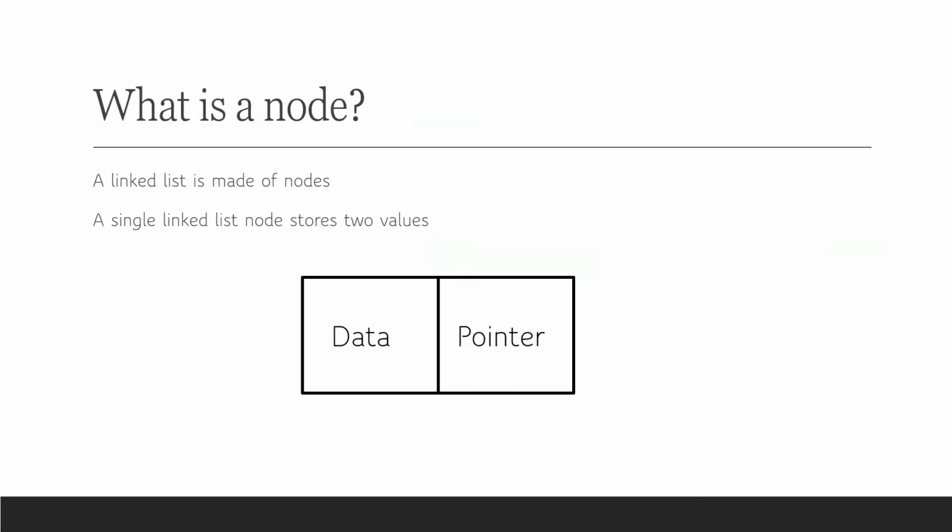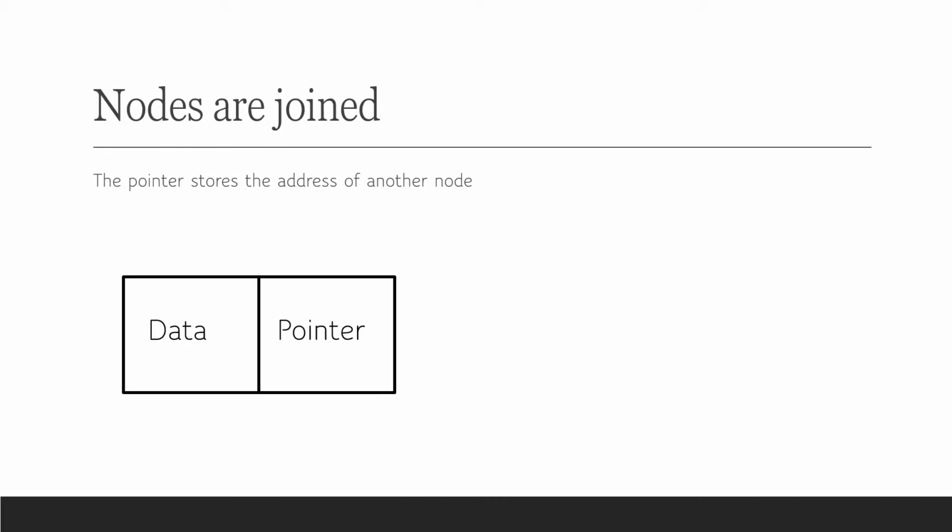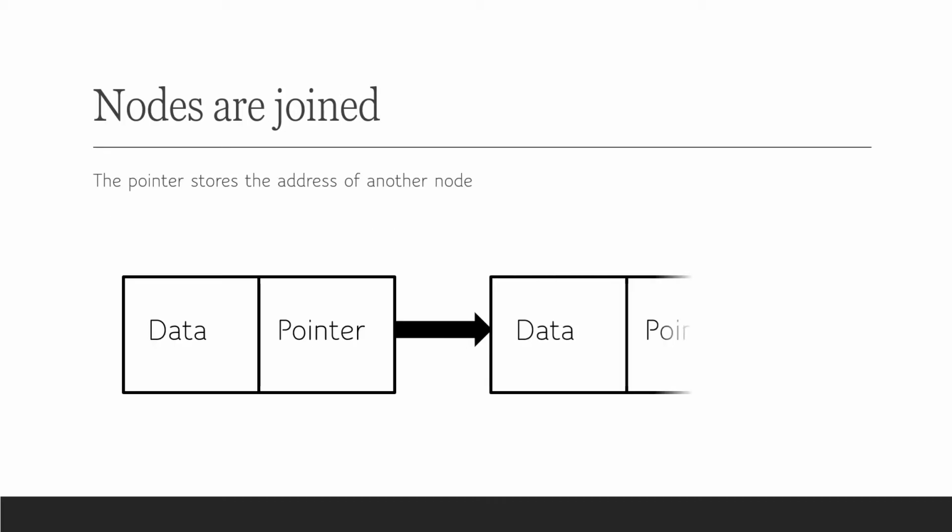So, a node is made out of two values: data, which can be anything, and a pointer. A pointer is an integer that tells the computer where to find the next item in the list. We could draw a linked list like this as a series of nodes joined by arrows.